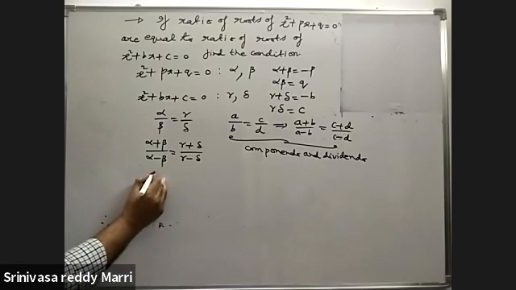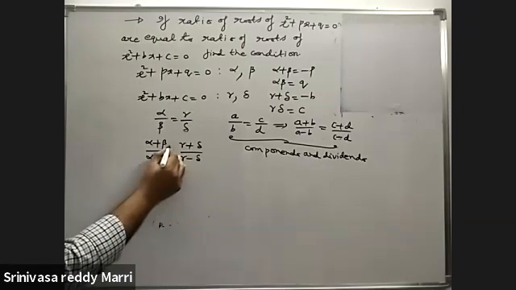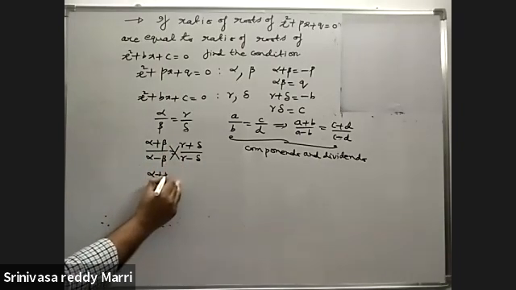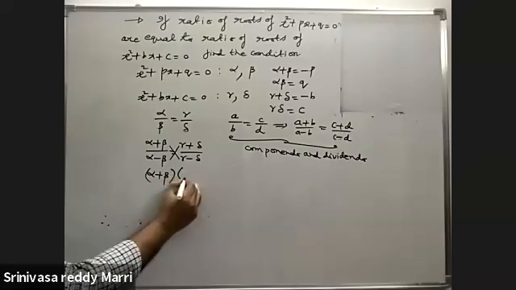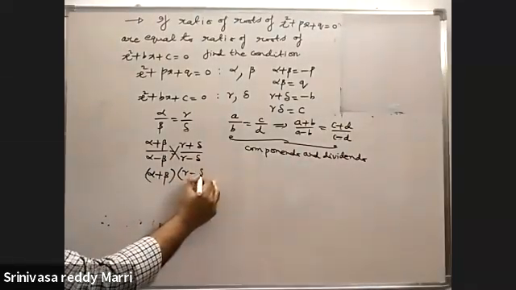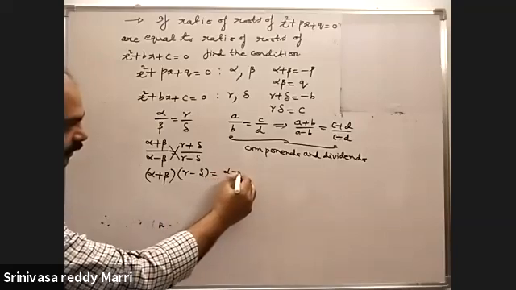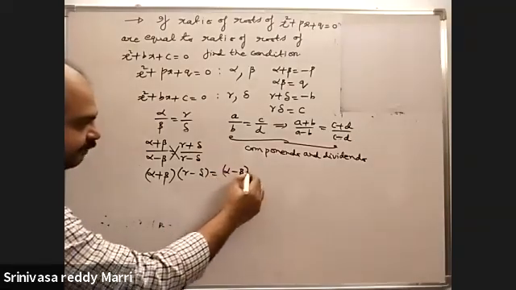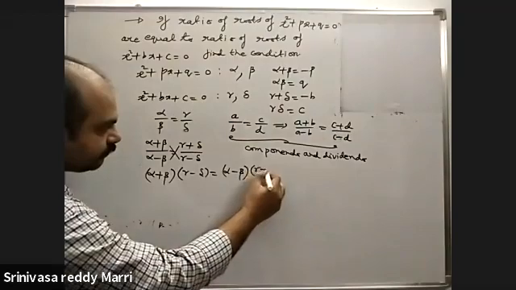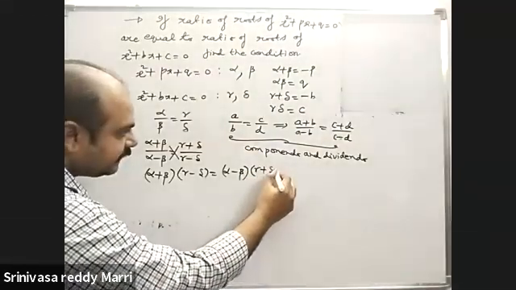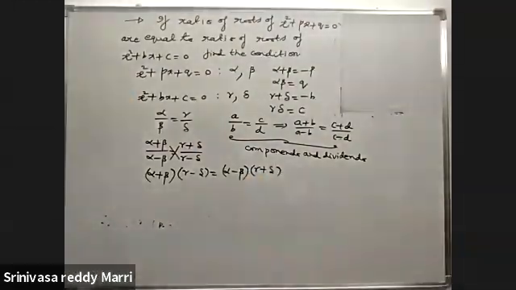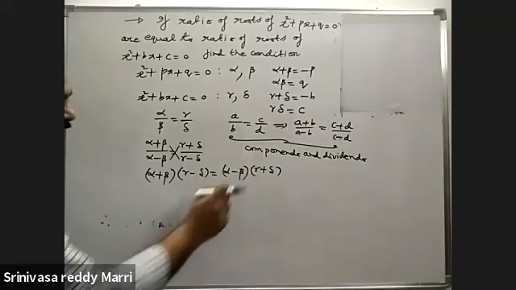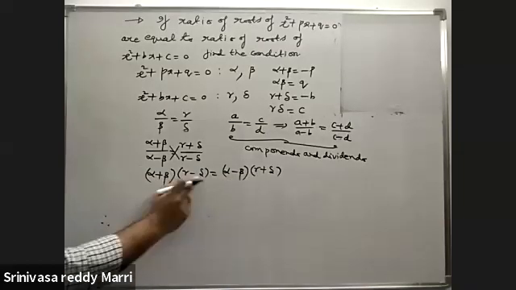Now what I am doing is cross multiplying: alpha plus beta into gamma minus delta equal to alpha minus beta into gamma plus delta. This already you know, alpha plus beta you know, gamma plus delta you know. This you have to calculate.